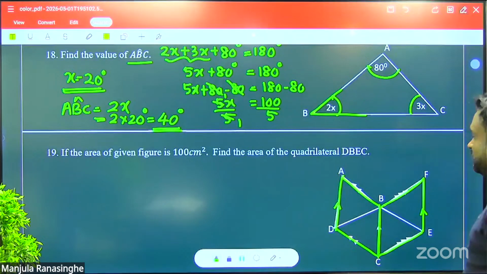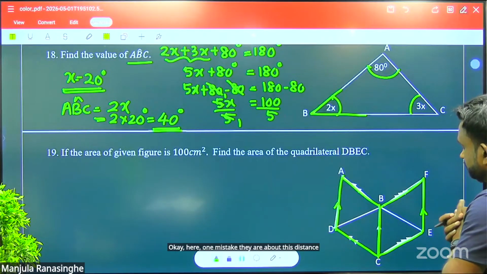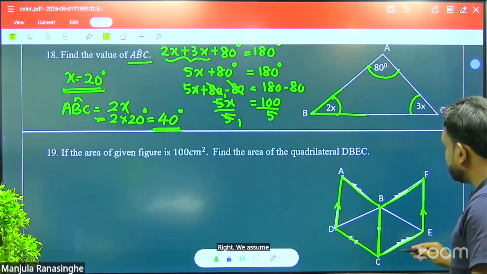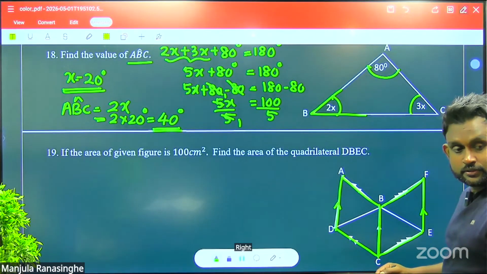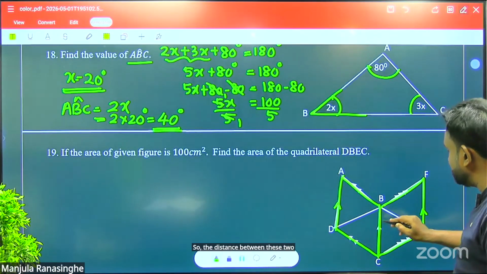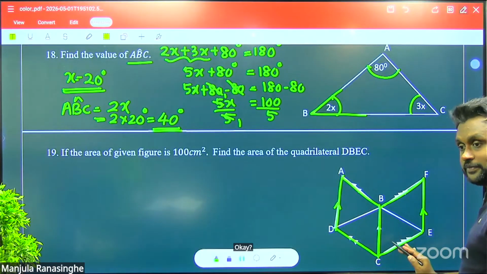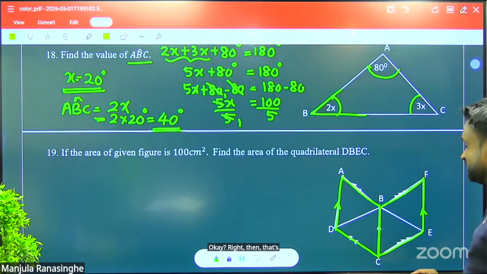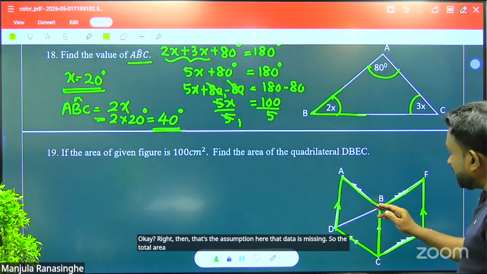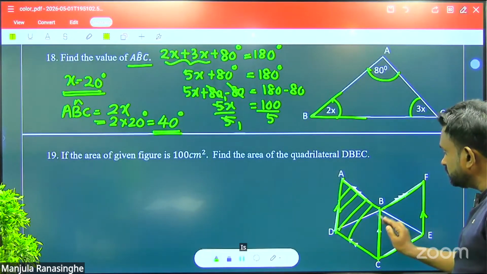Here is one mistake about this distance. We assume that it should be given. So the distance between these two lines and these two lines is the same. That's the assumption here, as data is missing. So the total area 100 means this area is equal to this area.